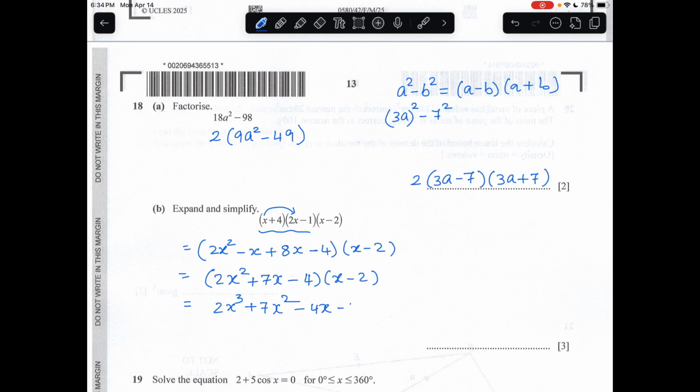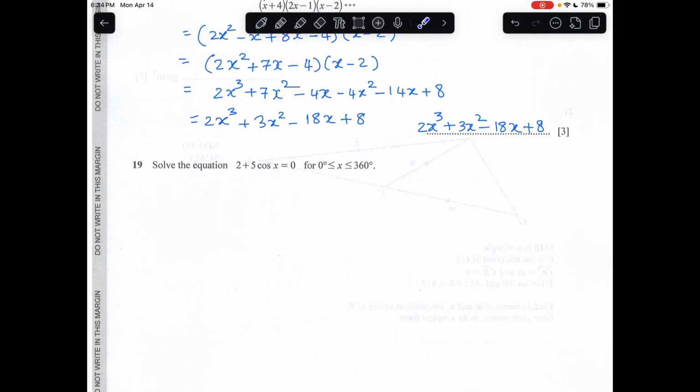So this gives me negative 4x squared, negative 14x, positive 8. Let's combine the like terms. So this comes out to be 2x cubed plus 3x squared minus 18x plus 8. That would be your final answer: 2x cubed plus 3x squared minus 18x plus 8.